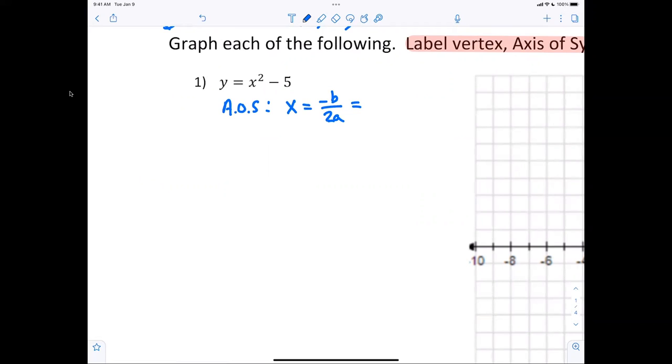Is there an x? Therefore, b is 0. So I want negative 0 over 2 times 1. And what's 0 divided by anything? 0. So your axis of symmetry is just x equals 0.